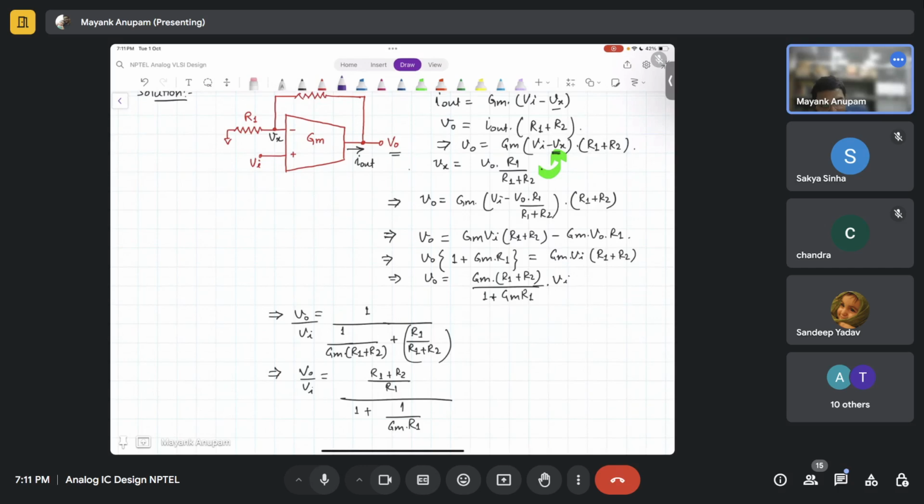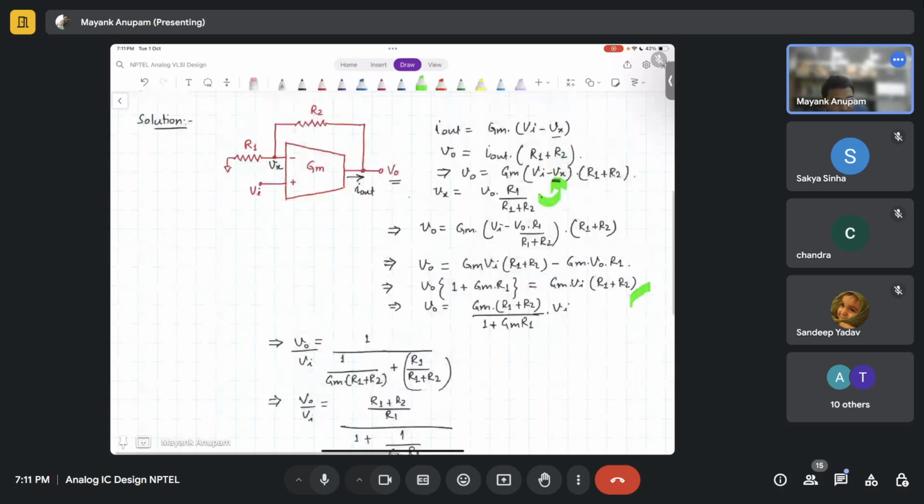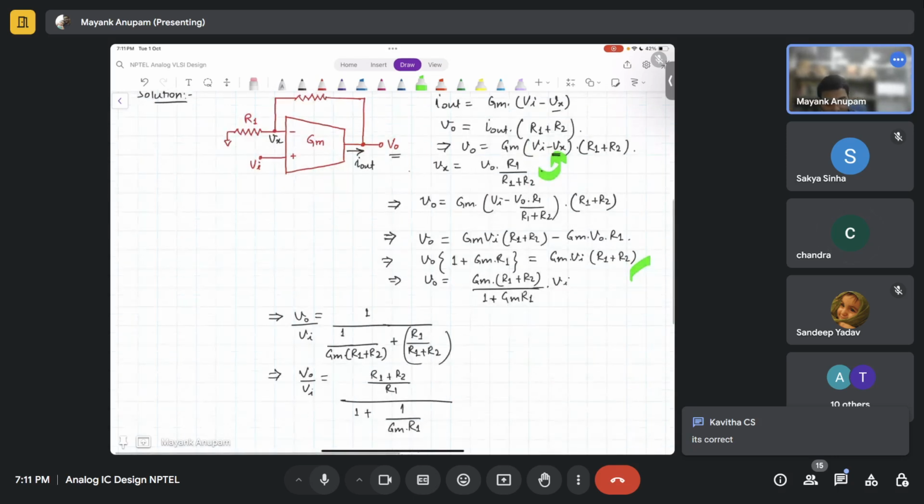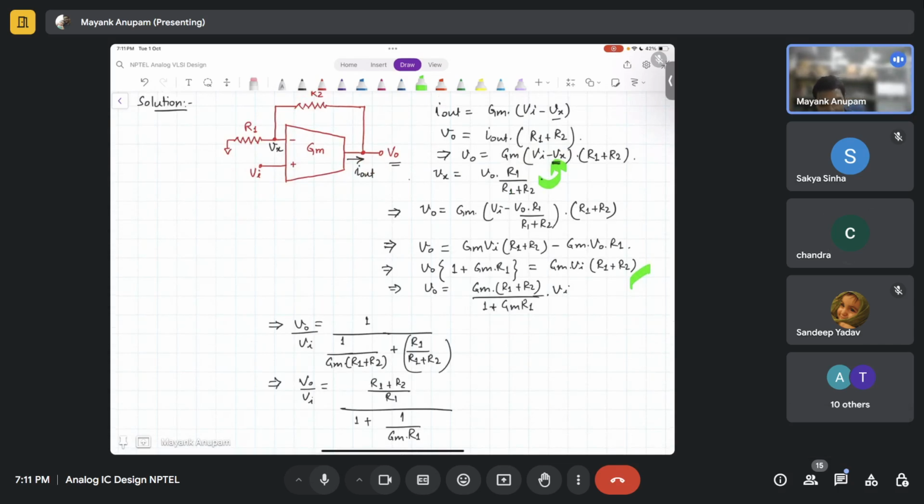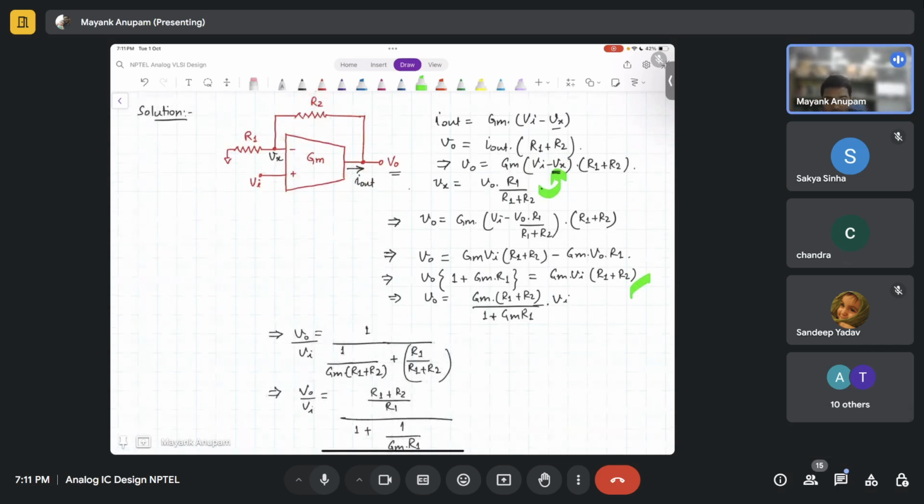No, it's correct. It's Gm into R1 plus R2 divided by 1 plus Gm R1, which reduces to the previous expression that we have seen, like in the idealized amplifier. So it's correct. If it is not infinity, what is the expression? That is what I'm trying to figure out, whether it is correct or not.